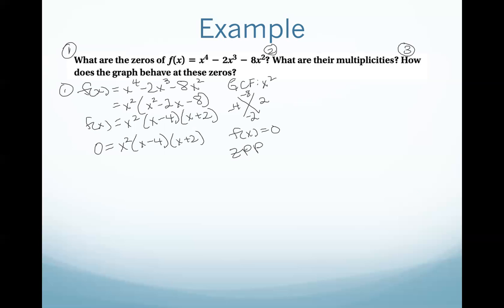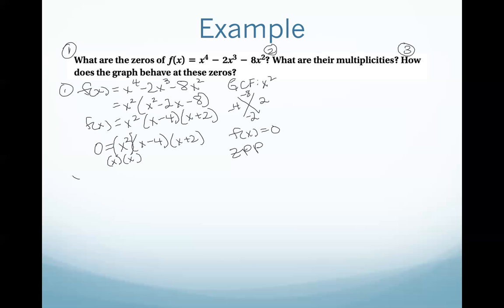So the zero product property says I take each factor and I set it equal to 0. Don't forget that x squared is a factor. And as a matter of fact, x squared is actually 2 factors. X squared is x times x, right?